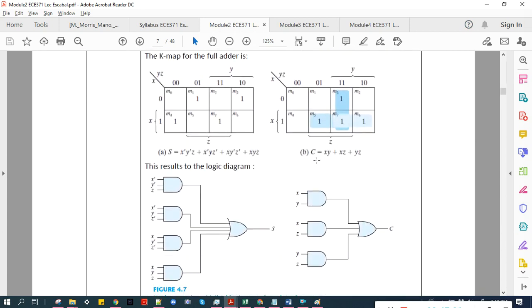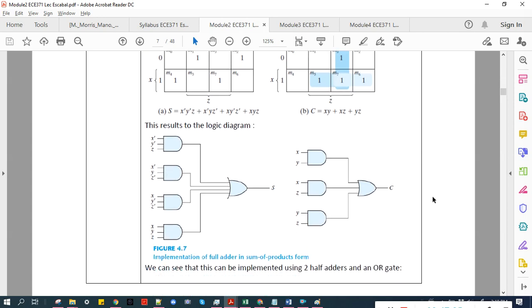Then we draw the logic diagram. This is the equivalent logic diagram for S and C, the outputs of the full adder. S is the OR of each of these min terms.